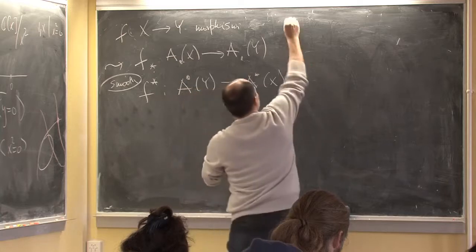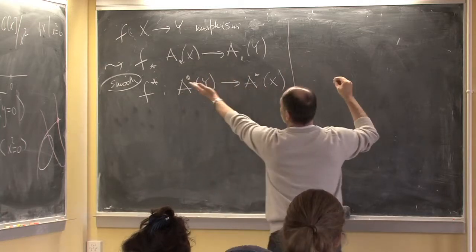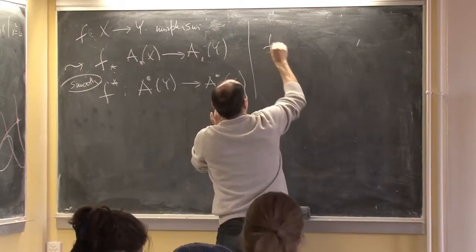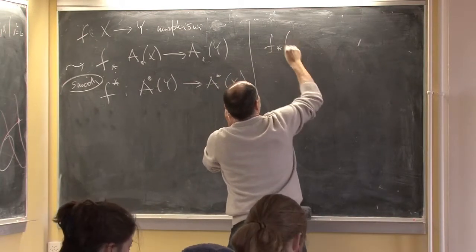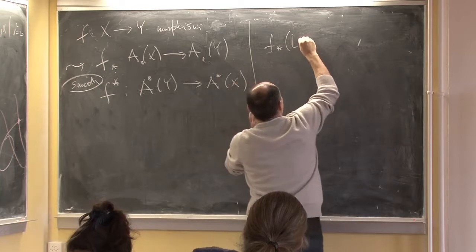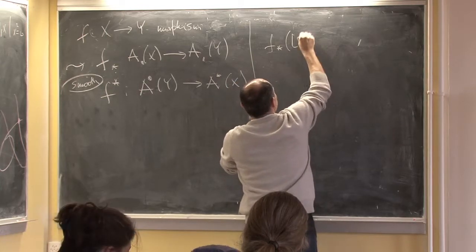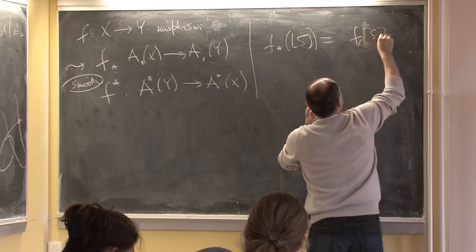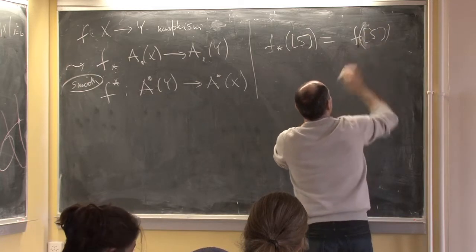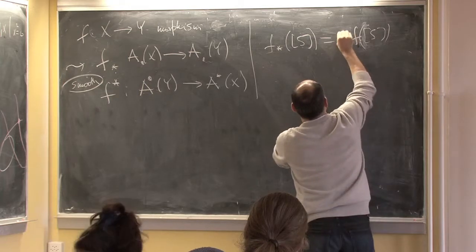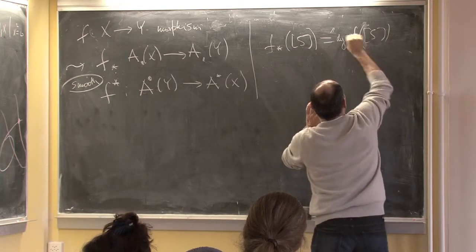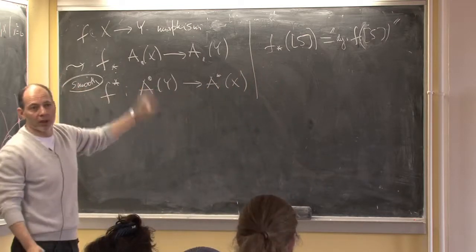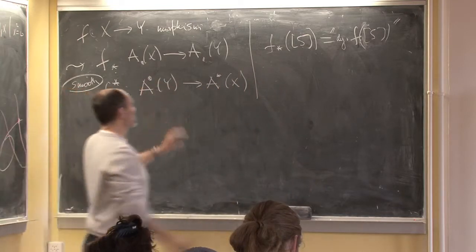So you do some technical mumbo jumbo, but essentially it just means that if you had a cycle here in the Chow group, then f lower star, you just take a cycle of some subvariety S, then this is just going to be the f(S). Okay, well, here there is some correction term with the degree. I explained this last time. But essentially, it's a set theoretical push forward. So you take the image of the set, and then with some correction.